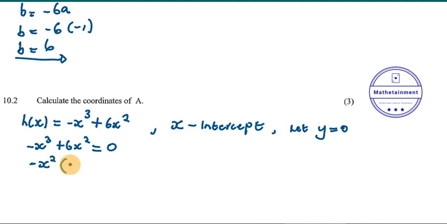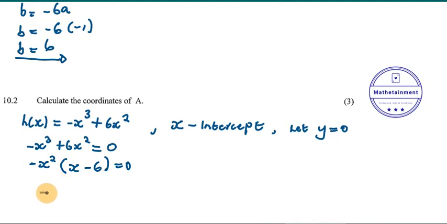So here I'll be left with x minus 6 being equal to 0. Why do I now have x minus 6? When you multiply the two, you'll get minus x cubed, and you'll also get plus 6x squared.